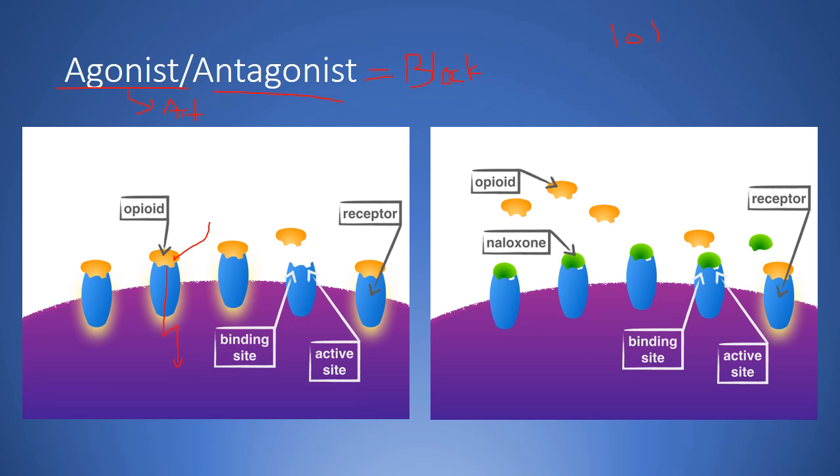The other side here is that we have an antagonist, which is the Narcan, is going to fit in those binding sites, and when it binds into those binding sites, you get no action, but it just sits there, and then the agonist can't fit into that site, and you can't get a reaction. So in principle, the antagonist is a blocker. In this case, Narcan is going to fit in there and block the opioids from binding into that site, so you won't get that reaction that you want.